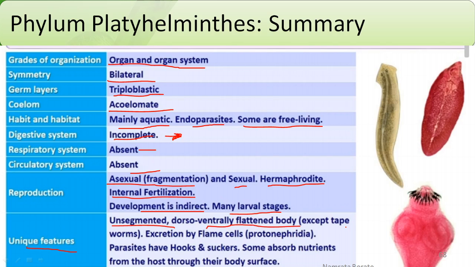A dorsiventrally flattened body is there, except in the tapeworm. There is a presence of the flame cell, that is protonephridia. The parasites have hooks and suckers. Some absorb nutrients from the host through their body surface.